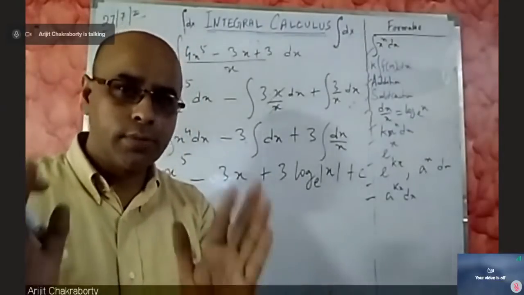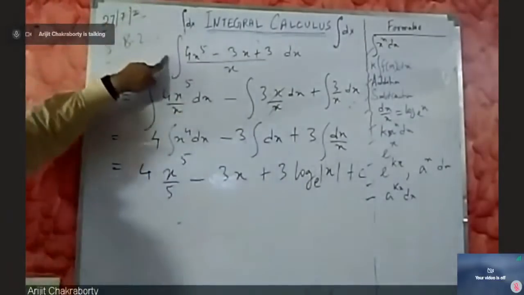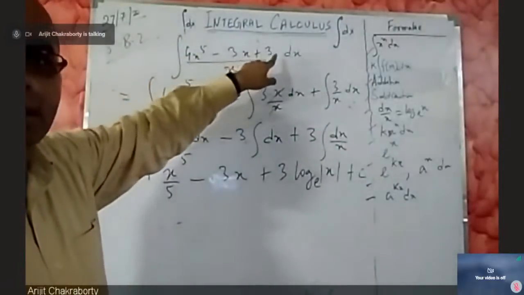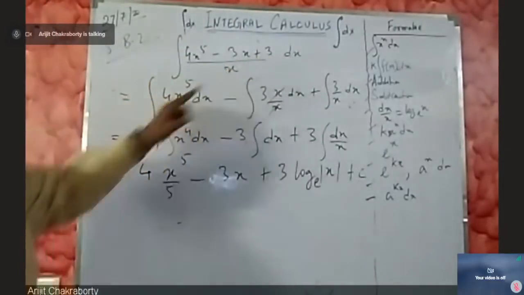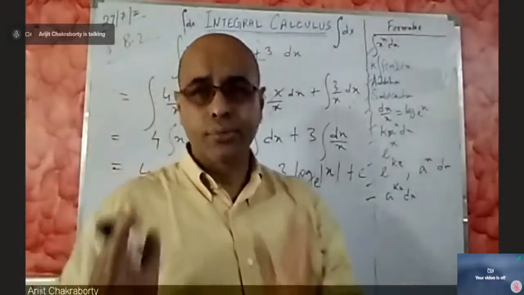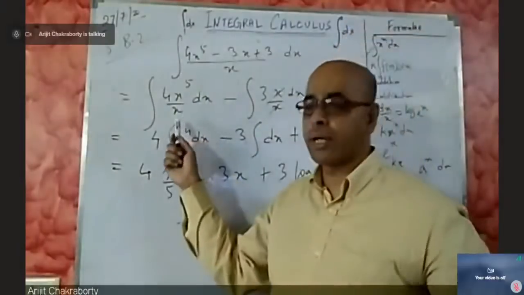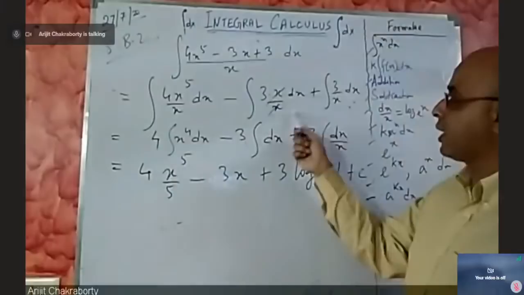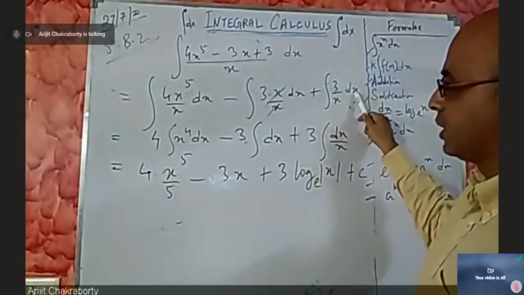So dear students, let us see this once again. 4x to the power 5 minus 3x plus 3 by x. We split it, we broke it down into 3 parts. So first 4x to the power 5 by x minus 3x by x plus 3 by x dx.